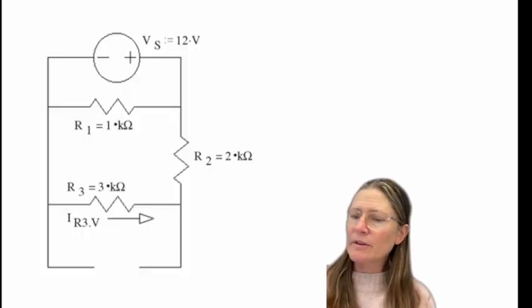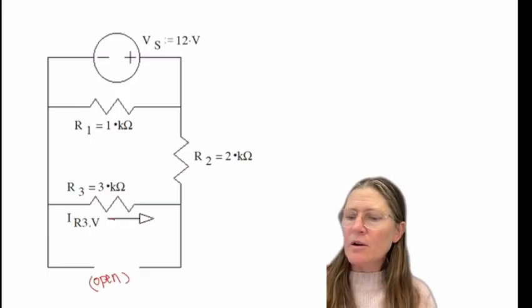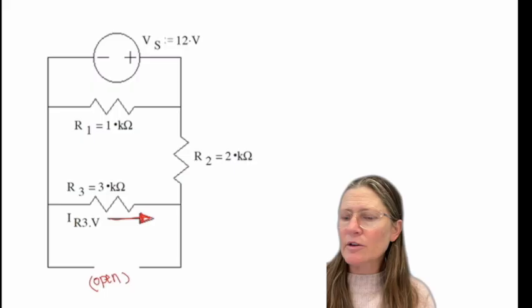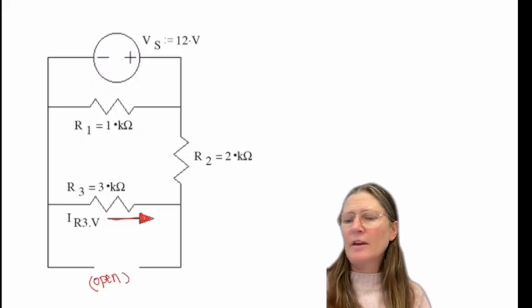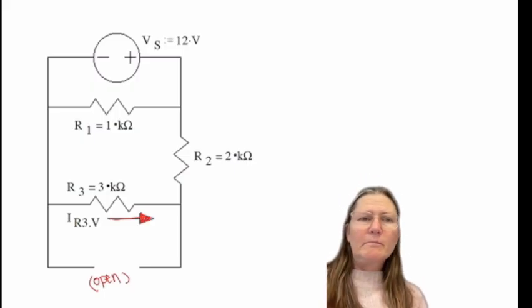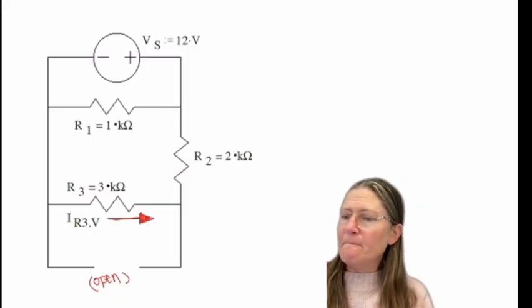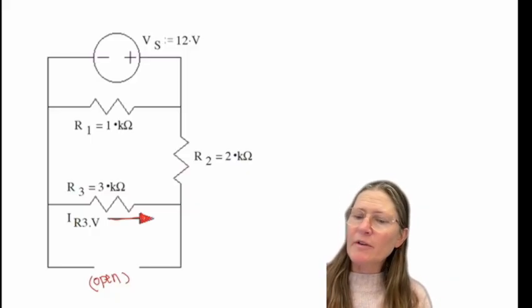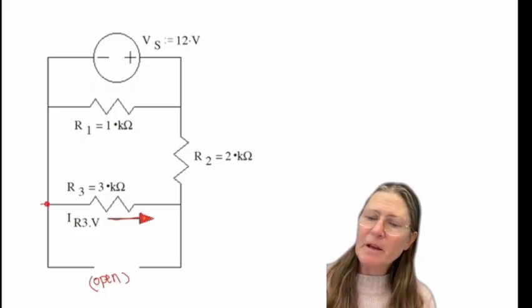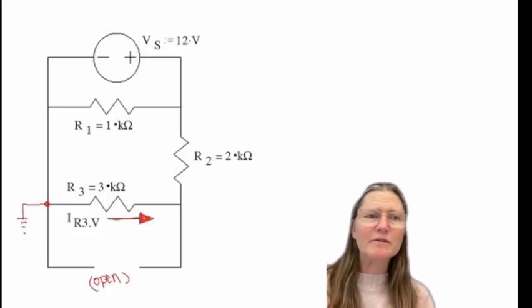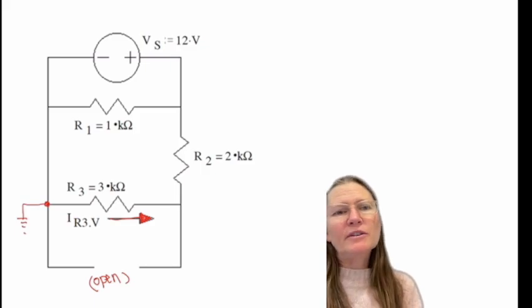So we see that this is open. Current is here that we're trying to find. And so I'm going to place my ground at the same location for both of these. I'm going to place my ground here.